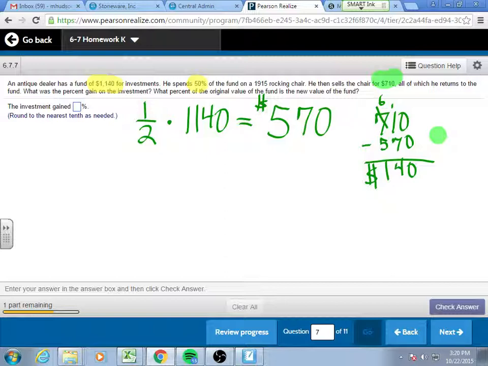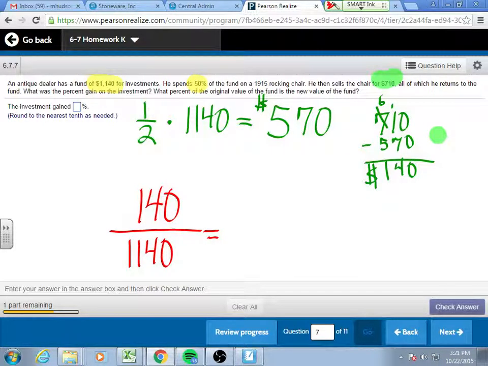But that goes back into the original fund of $1,140. So to look at the investment that he gained, $140 into his fund of $1,140. A lot of you would try to do the division and put 570 on the bottom, but it's not. We put all the money back into that same fund, that same account, and it's 140 divided by 1,140.